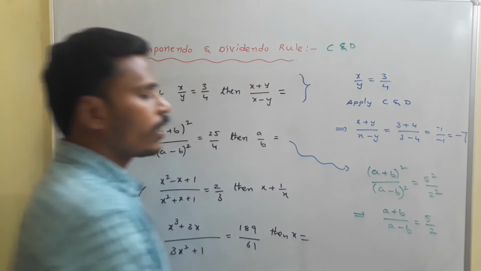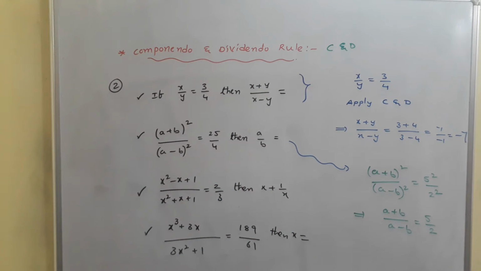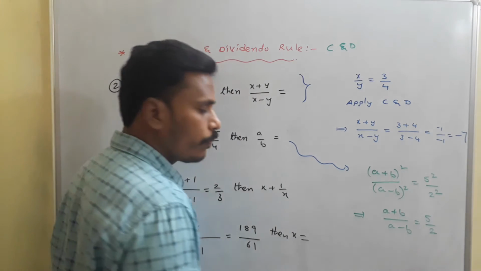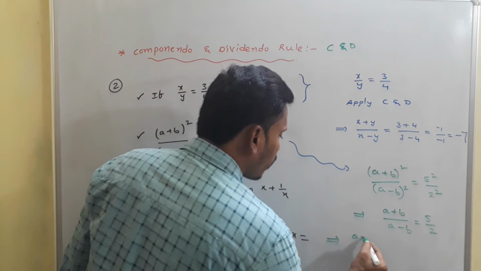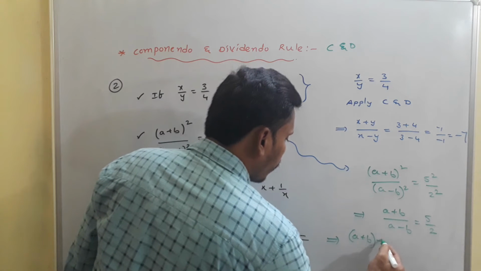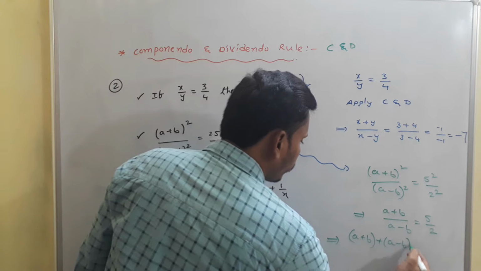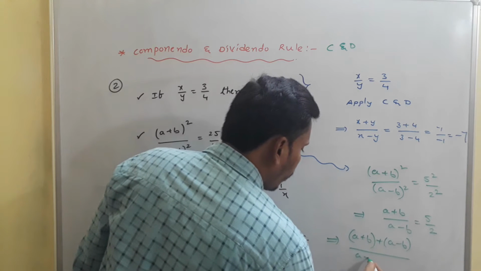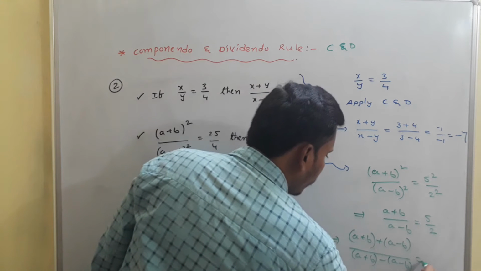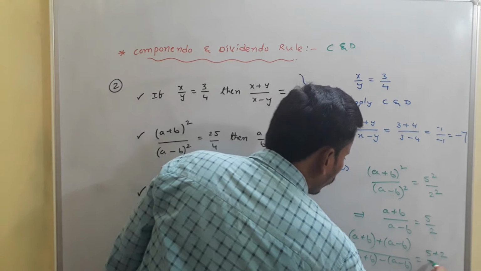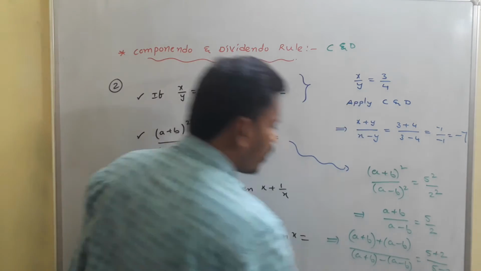Since we have (a plus b) by (a minus b) as 5 by 2, in the next step you just use componendo and dividendo. According to that, numerator plus denominator, (a plus b) plus (a minus b), divided by (a plus b) minus (a minus b), and this side is equal to 5 plus 2 divided by 5 minus 2.